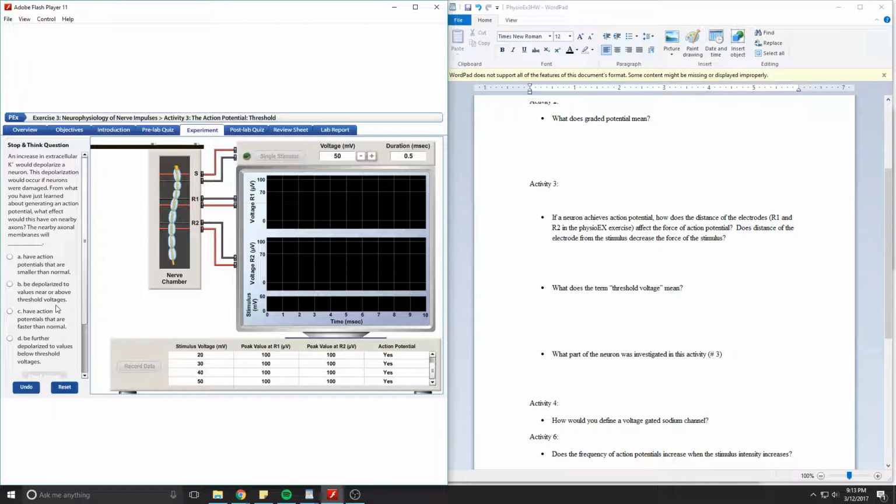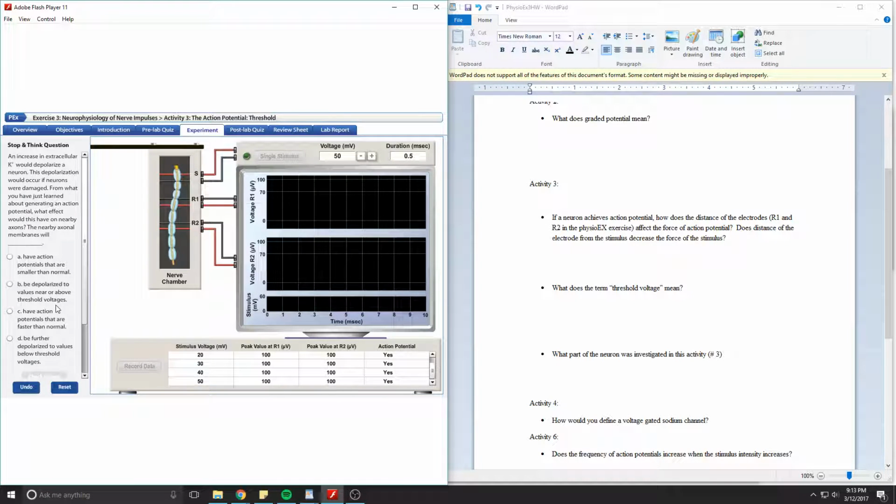An increase in extracellular potassium would depolarize a neuron. Okay, so it'd have less of a charge. This depolarization would occur if neurons were damaged. From what you've just learned about generating an action potential, what effect would this have on nearby axons? The nearby axonal membranes will be smaller than normal.